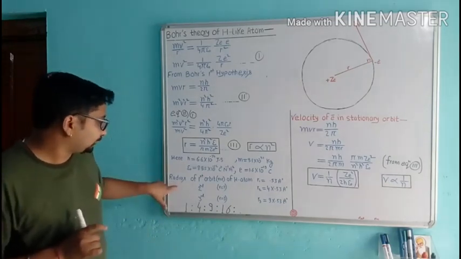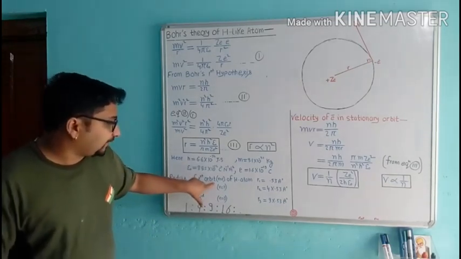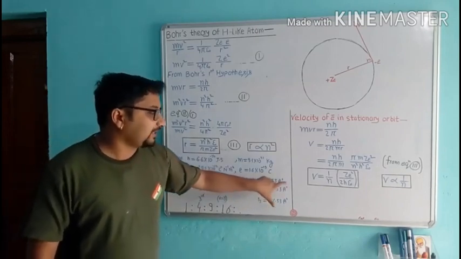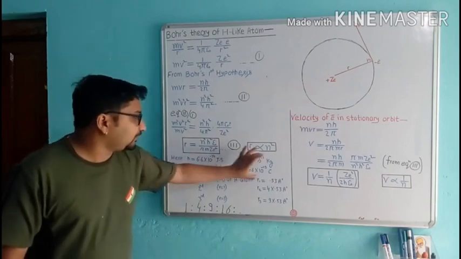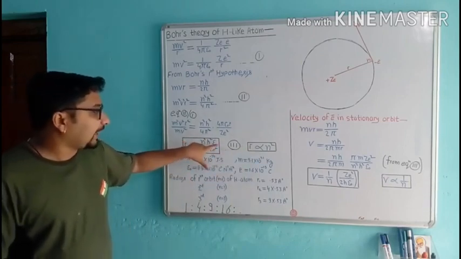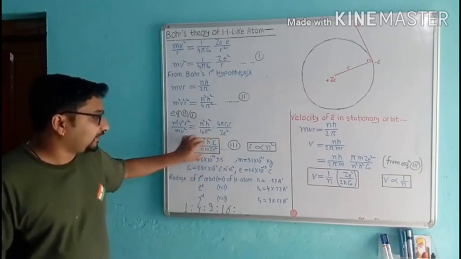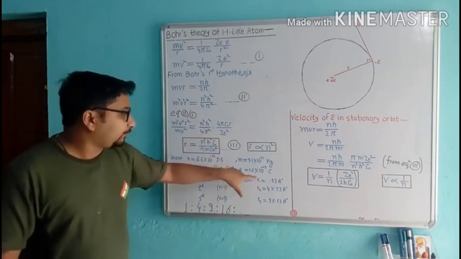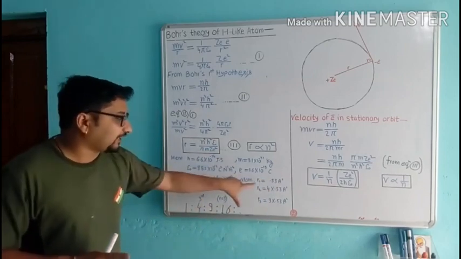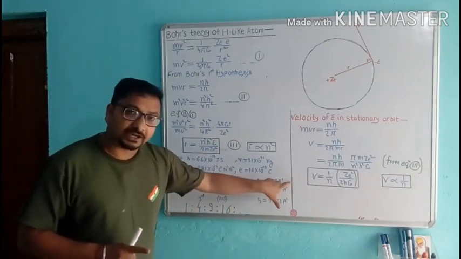The radius of the first orbit, that is n is equal to 1 of hydrogen atom: if we put all these values in the formula, we get r1 equal to 0.53 angstrom.